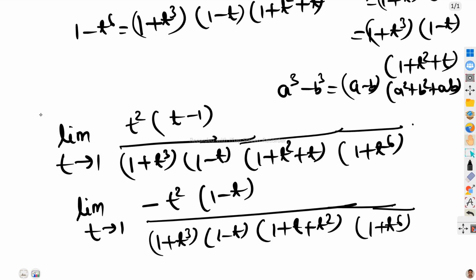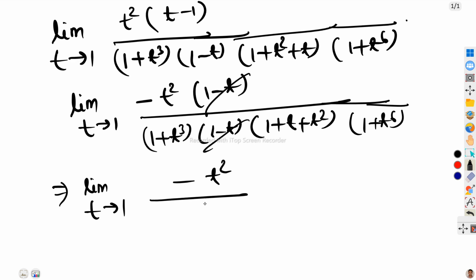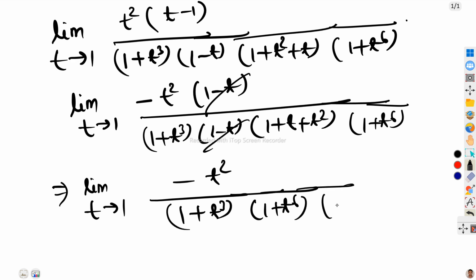So this 1 minus t cancels, so this becomes limit t tends to 1 of minus t square upon 1 plus t cube, 1 plus t raised to power 6 and 1 plus t square plus t.